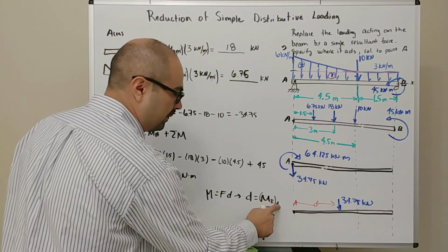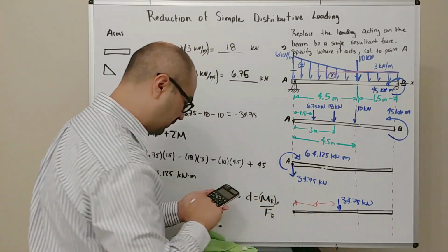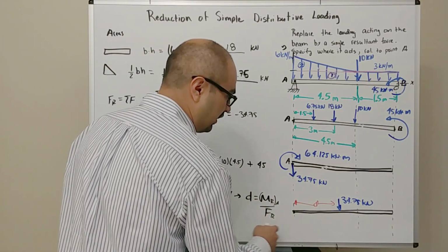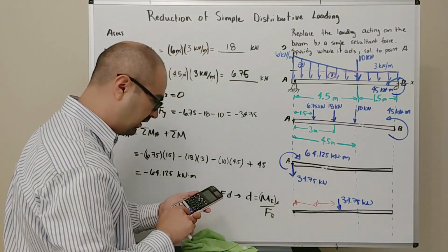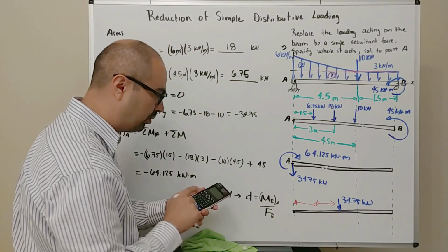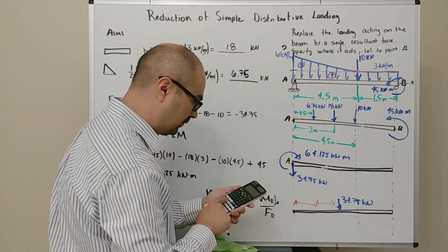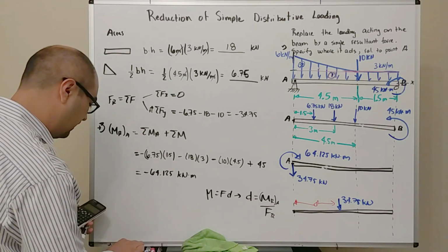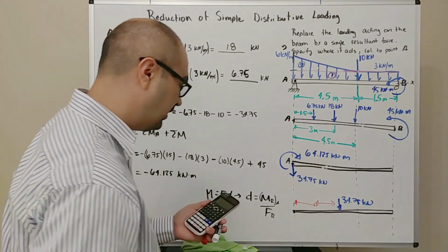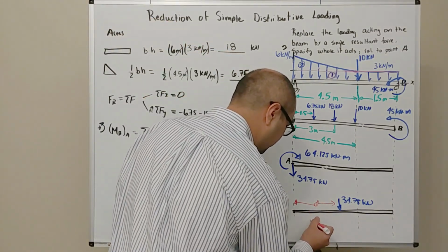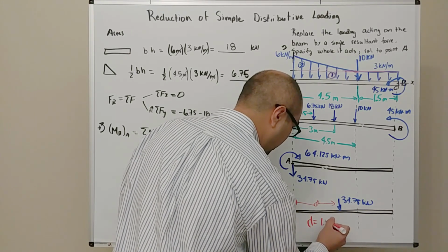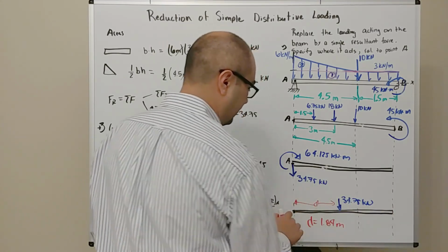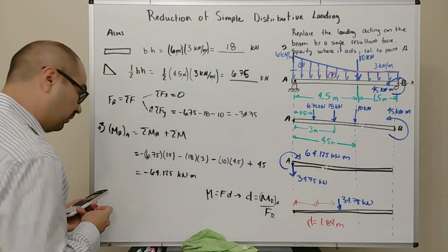So the resultant moment at point A is 64.125, and the resultant force, right? So if I divide by 34.75, which is the resultant force, I get a distance, hopefully I didn't make a mistake here, of 1.84. So this D is 1.84 meters, right?